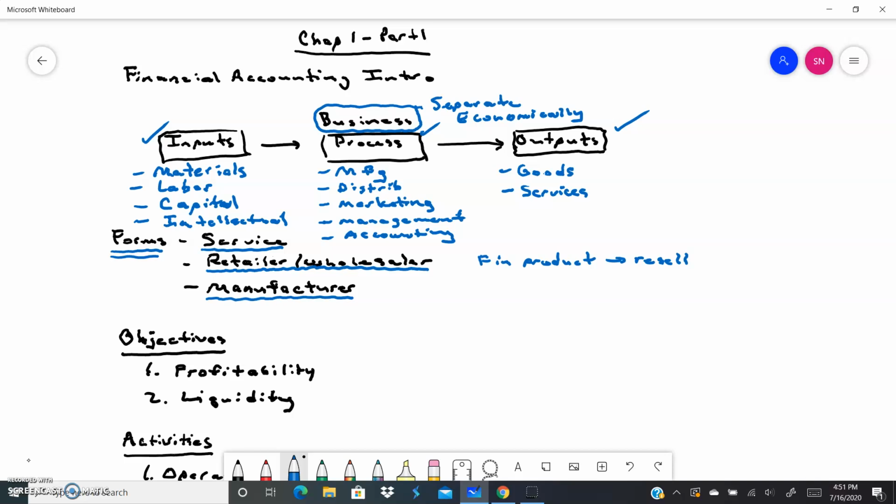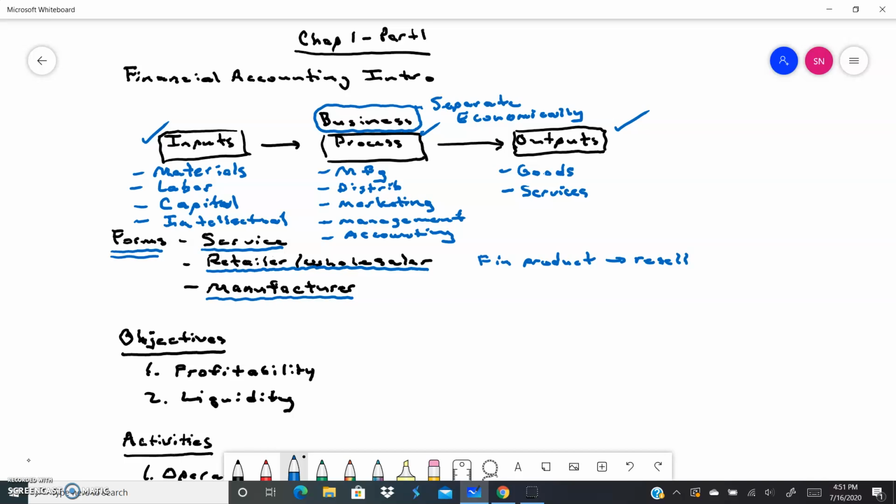Tesla is an example of a manufacturer who sells directly to the consumer through their stores. They take orders through their stores. General Motors is an example of a manufacturer who sells to a retailer. It sells to an auto dealership, and then the dealership sells ultimately to the consumer. So again, different ways of getting the product to the ultimate consumer.